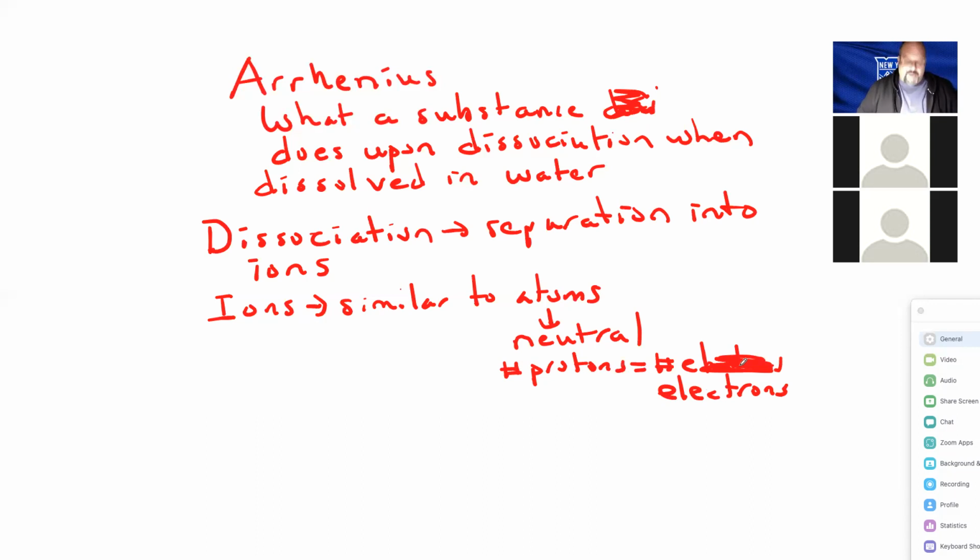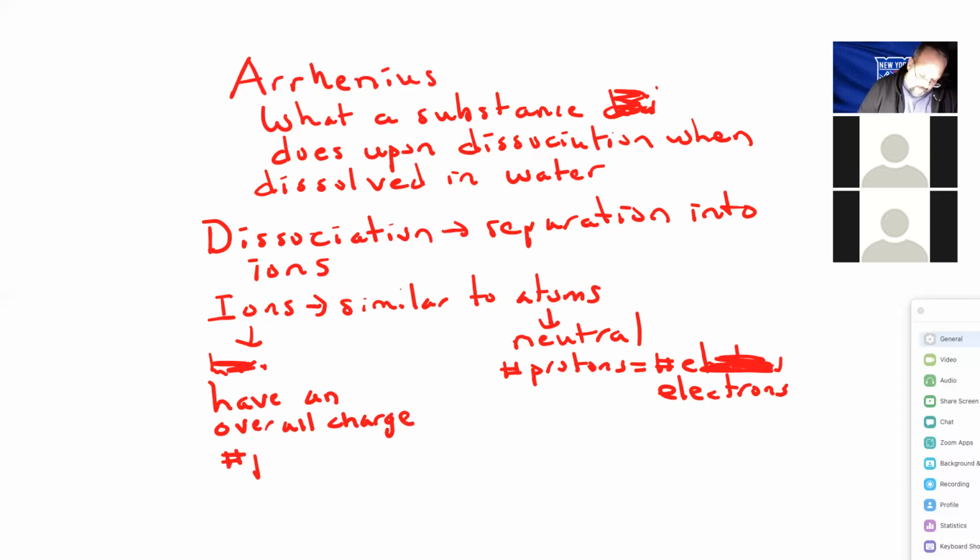Now, how does that compare to ions? Well, ions have an overall charge. And the reason they have an overall charge is because here, the number of protons does not equal the number of electrons.